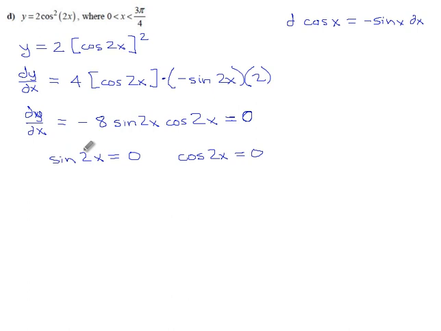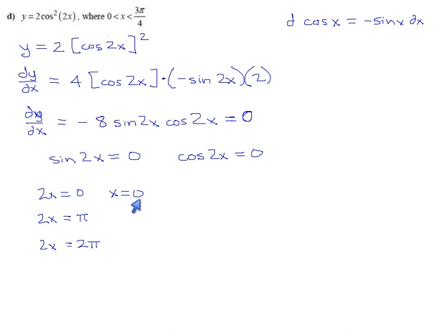So forget about the 2 for a moment. Where does sine equal 0? It could be at 0, which would mean 2x equals 0. It could be at 180 degrees, which would mean 2x equals pi. Or it could be at 360 degrees, which means 2x equals 2 pi. If we solve each of these, we get x equals 0. Well, we can't quite use that because that's out of domain.